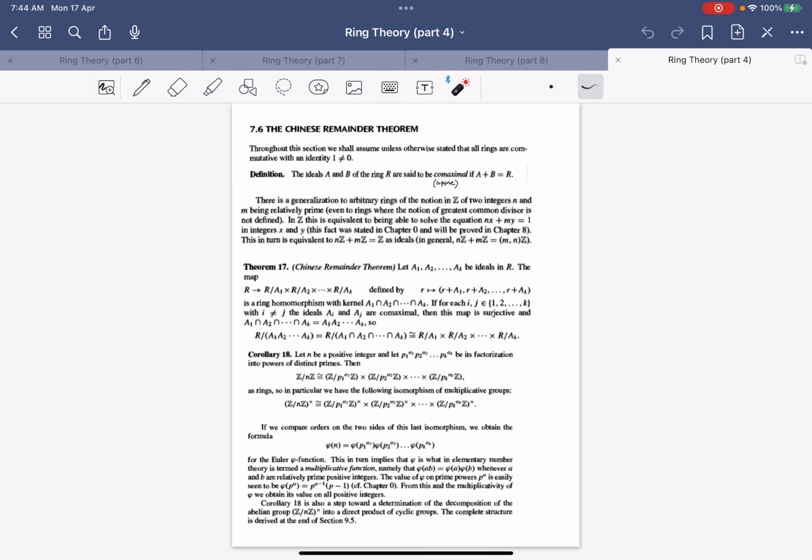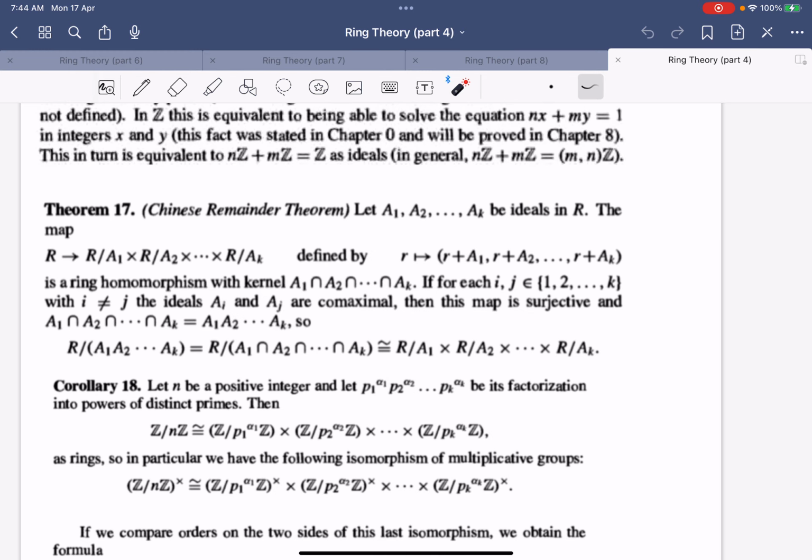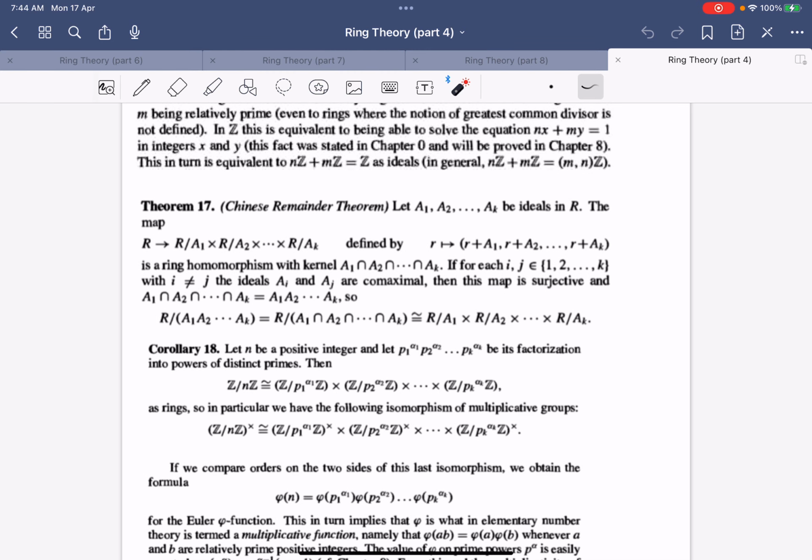And so the proof of the Chinese remainder theorem is just a basic checking using the isomorphism theorem. So you basically have ideals, and then the map from R to the product of the quotients. So you go to R quotient A1 times R quotient A2 all the way, and then you just send each element to its cosets.